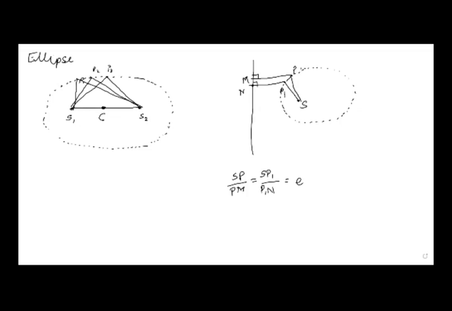So we will use this e to find the focus and directrix and all. Here the fixed point is the focus, whereas this fixed line is the directrix. As you have seen earlier, parabola also has a directrix.